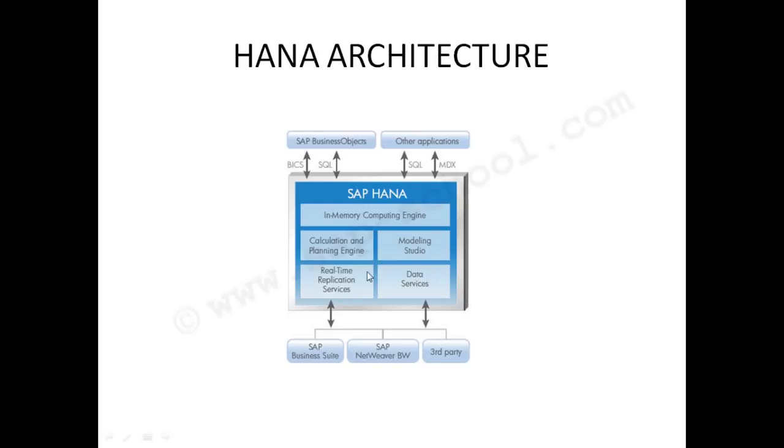And then we have the calculation and planning engine to perform the calculations, and data services is another way of transferring data from other databases to SAP HANA. So this is a basic architecture diagram of HANA.